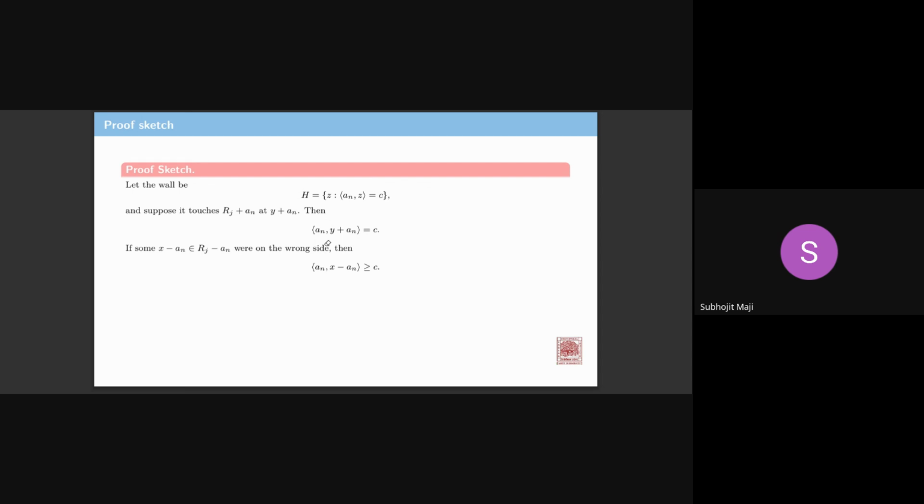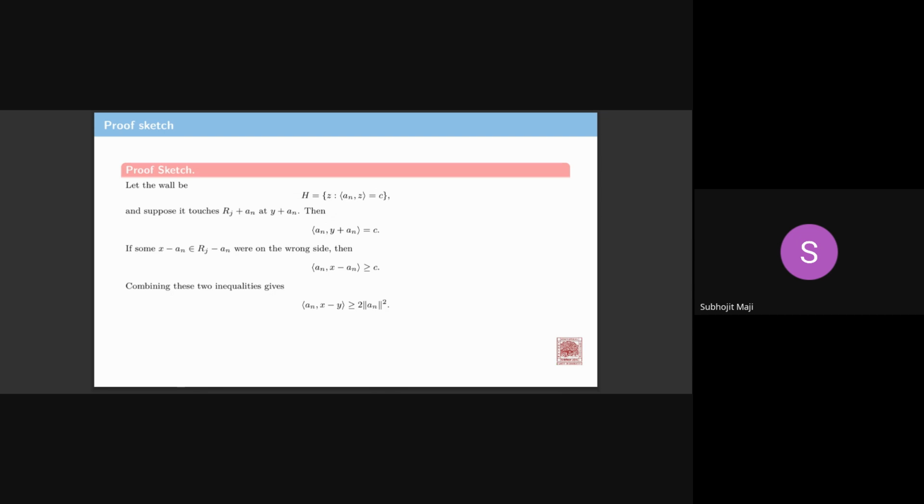Now you can separate these terms if you know a bit of vector calculus. You can break this dot product into two different terms: AN dot product with y plus the norm of the vector AN squared, and AN dot product with x minus the norm of AN squared. A bit of algebraic manipulation and you arrive at this quantity.